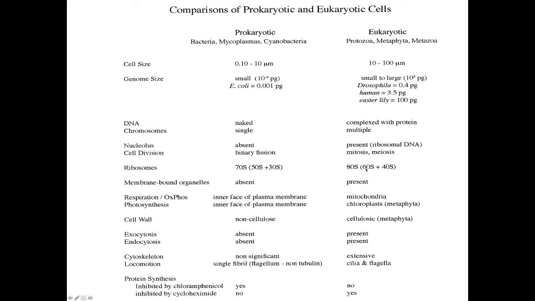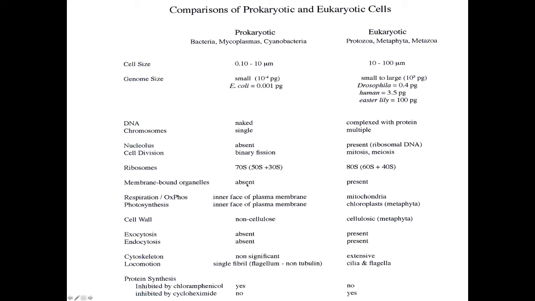So, for example, the eukaryotic ribosomal subunits are 60S for the large ribosomal subunit and 40S for the small ribosomal subunit, as compared to 50S and 30S for the large and small ribosomal subunits, respectively, in prokaryotic cells. And you may recall that S is a measure of the sedimentation coefficient.